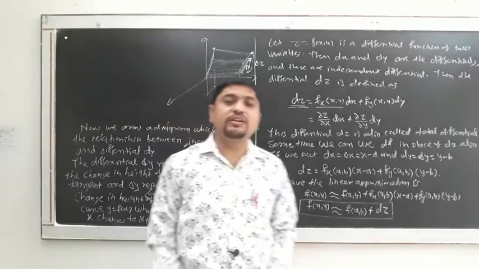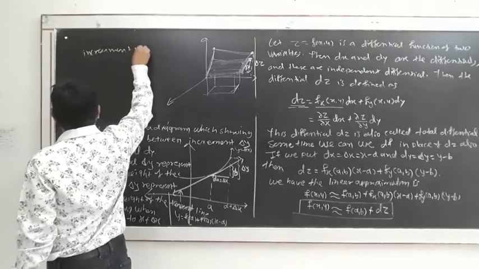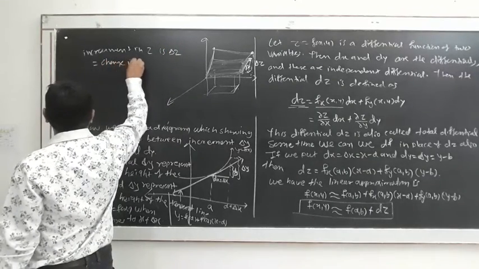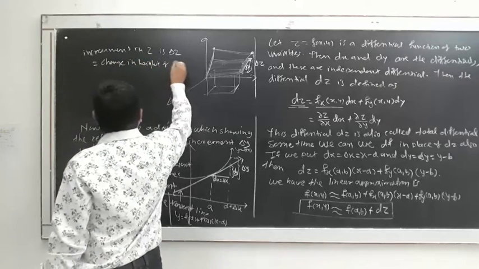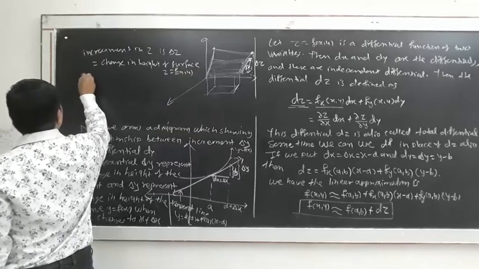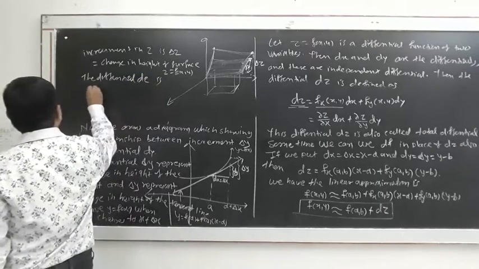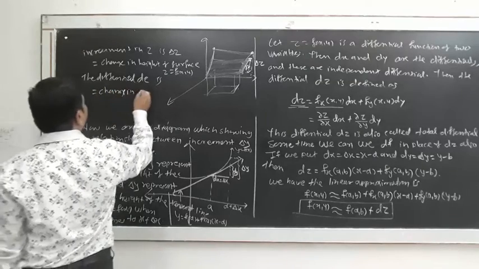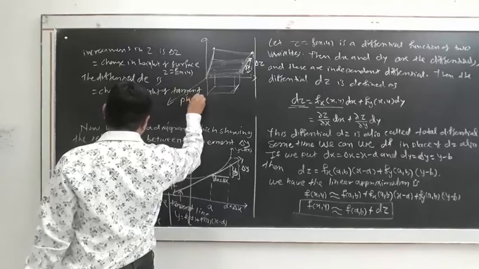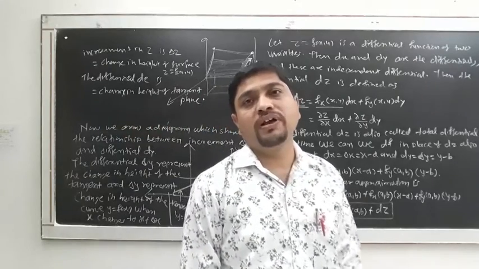So what we discussed here: delta z, the increment in z, is the change in height of the surface z equal to f of x,y, and the differential dz is the change in height of the tangent plane when x changes to x plus delta x and y changes to y plus delta y.